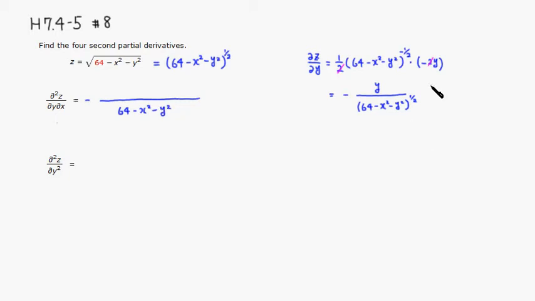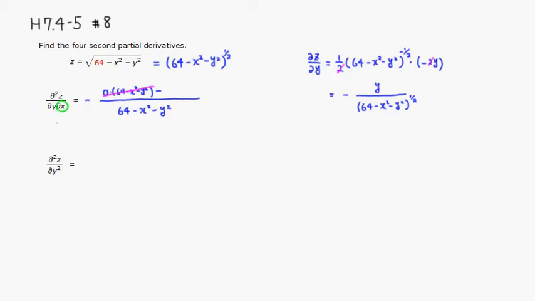Then derivative of the top is actually 0 because we're taking the derivative with respect to x, right? So it's actually 0 here, times the bottom, so I'm going to just write it out, 64 minus x squared minus y squared, minus, so before I forget, I'm going to just strike that out because 0 times anything is 0.